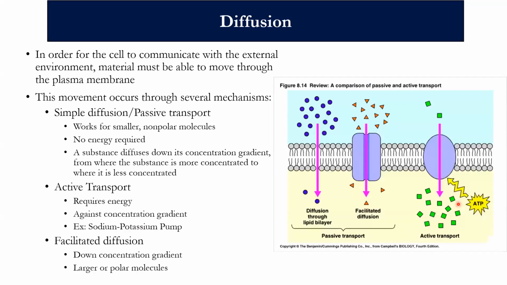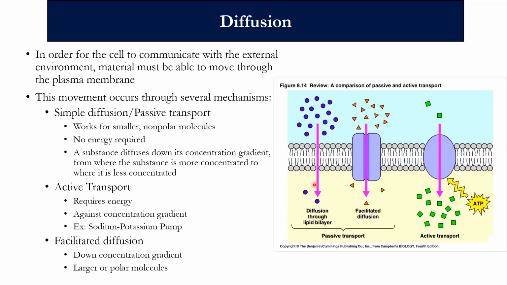So here on our left-hand side, this is what I just explained. This is the passive transport. It's able to diffuse through this lipid bilayer, or your plasma membrane or cell membrane.